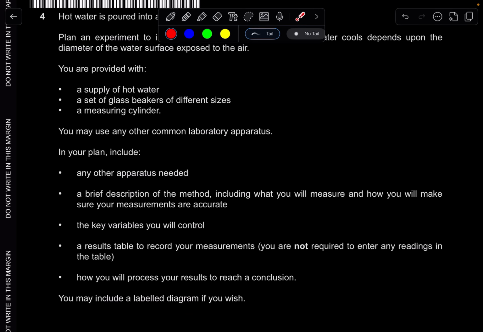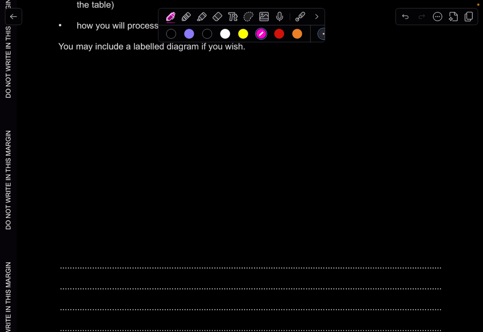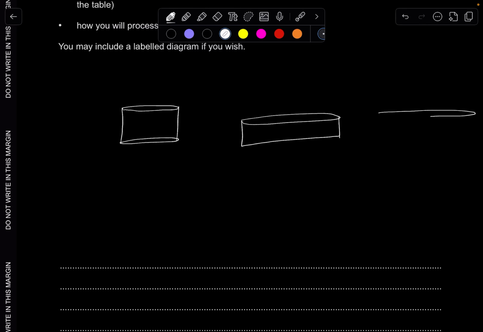So there are different ways to do this. You can draw the diagram if you want to. In the diagram, what we can show is, let's suppose, different containers. This is the container, there can be containers of different diameters, and you can fill them with the liquid, right?